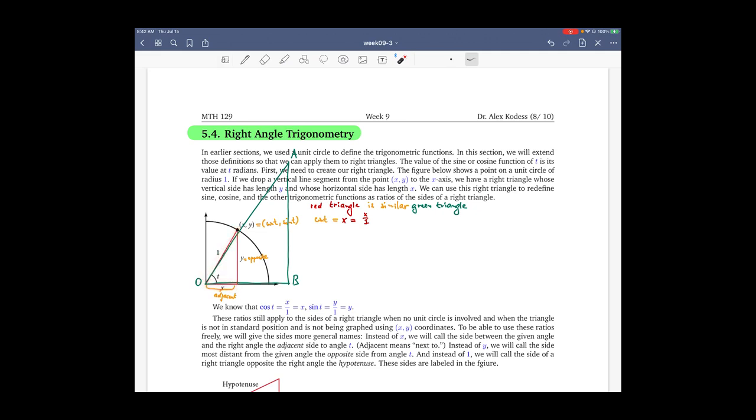Right? So I can write this ratio equals the ratio of BO, the leg adjacent to angle t in the green triangle, over the hypotenuse AO. Adjacent leg over hypotenuse.